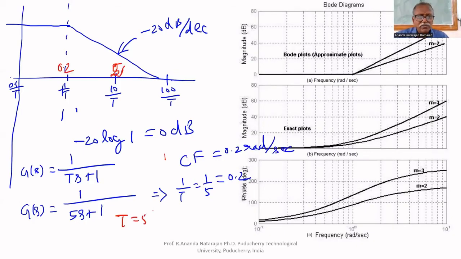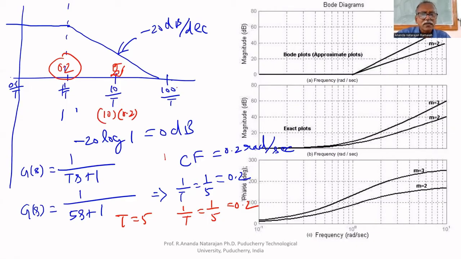This should be labeled as 0.2. Am I correct or not? 10 by tau means 10 multiplied by 0.2, that is equal to 2.